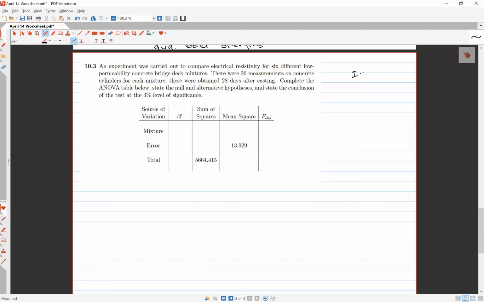So we have 6 different treatments that we're comparing, and there were 26 observations for each treatment. And these were obtained 20 days after casting. That's not relevant to this table. We want to complete the ANOVA table below, state the null and alternative hypotheses, and state our conclusion at the 3% level of significance.